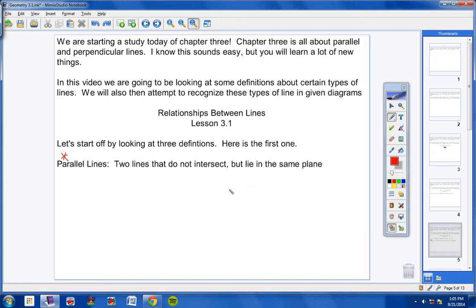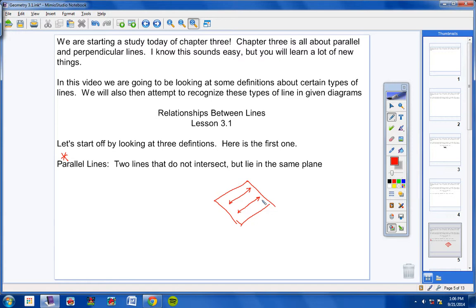Sorry, students, my voice is really rough today, but pretend you have a sheet of paper, okay? And on that sheet of paper, you drew a line. And then on that same sheet of paper, you drew another line parallel to that line. That would be an example of two lines that are parallel. They're both lying in the same plane because they're both drawn on the sheet of paper.